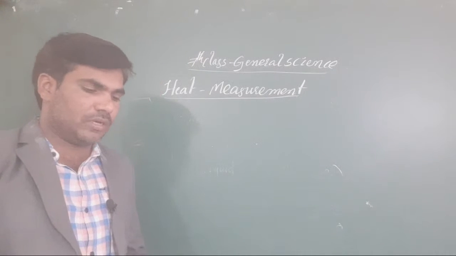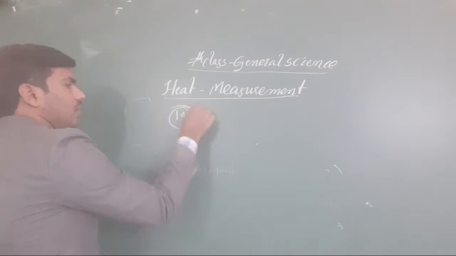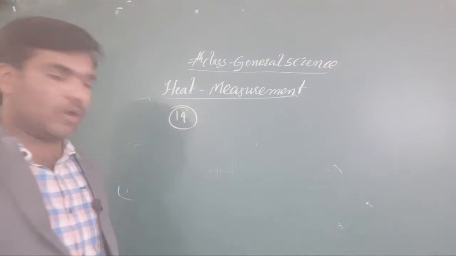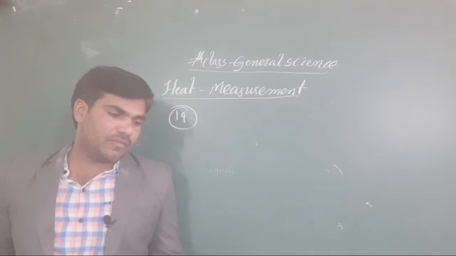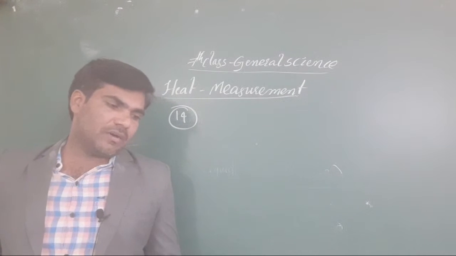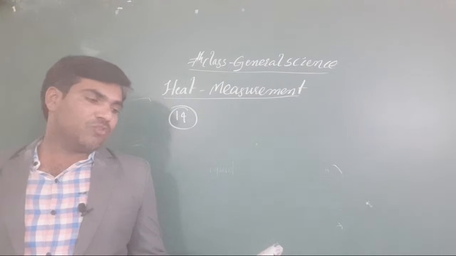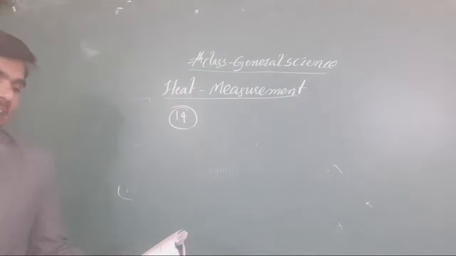Next come to here, the 14th one. Match the following is given. Clinical thermometer is given, and different values are given here: normal temperature of human body, heat, boiling point of water and melting point of water.